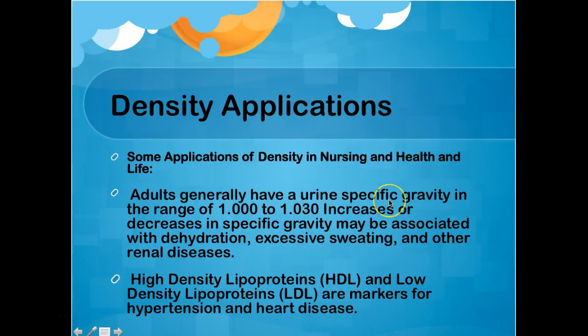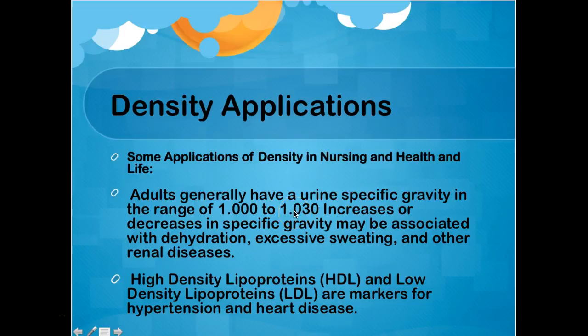Specific gravity is just a number. It's called a dimensionless measurement because it doesn't have units. Specific gravity is the density of any substance divided by the density of water, so the units cancel, and therefore it's just a number.